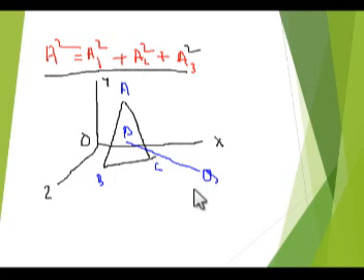Now if we take the projection of this triangle on the yz plane, then it will be like this, and I am naming it A prime, B prime, and C prime.